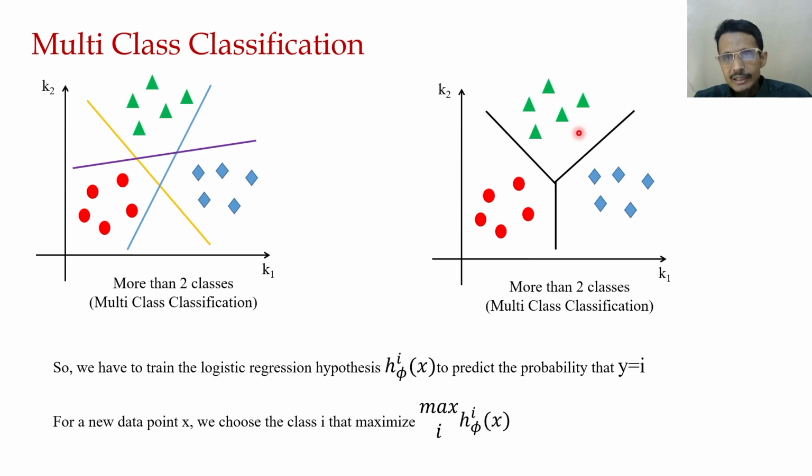For 3 classes we get 3 probabilities and we take the maximum. This new instance is red if the probability is highest for red, green if highest for green, blue if highest for blue. In this way we can do multi-class classification. This is just an extension of the binary classification we have discussed.